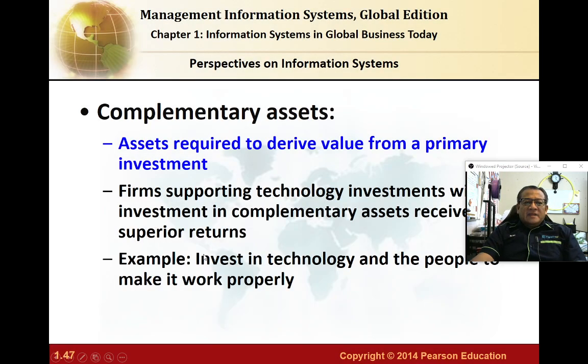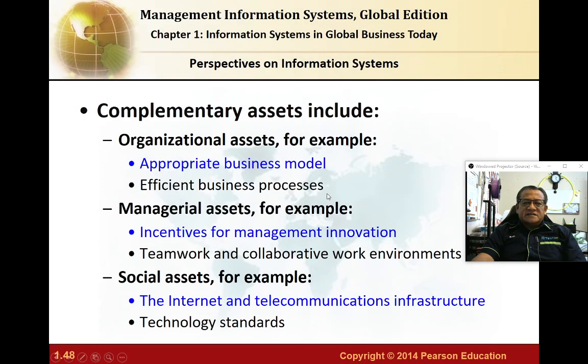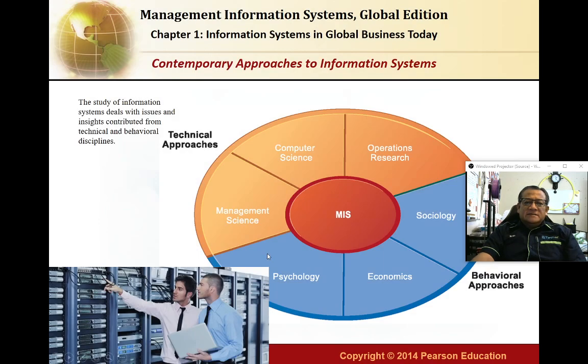Next, complementary asset. This is basically another additional asset to make your IT system work successfully. You have to follow an appropriate business model, and this is the sum up of your system, which is MIS, Management Information System.